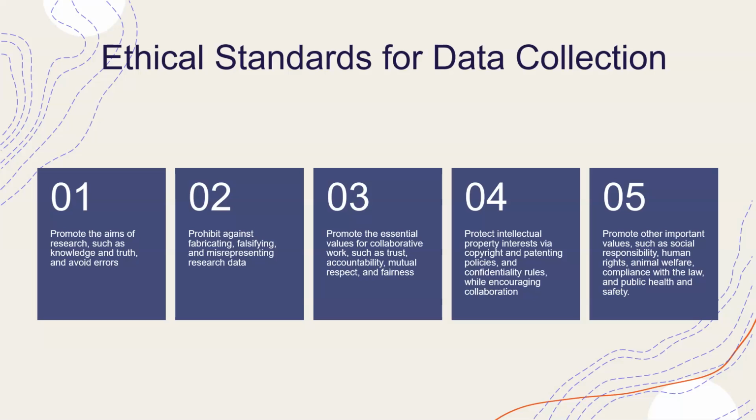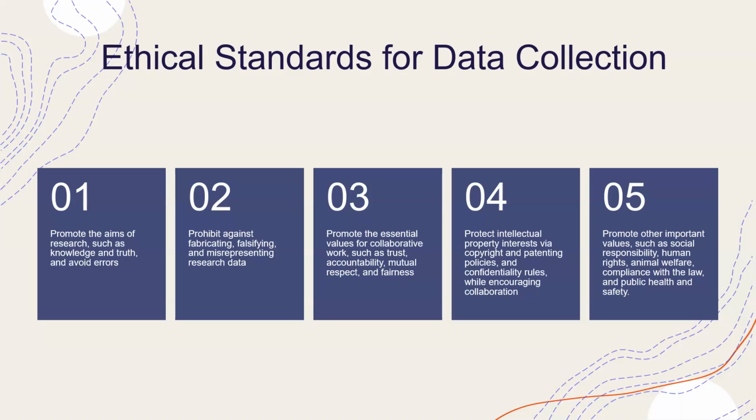Many ethical norms in research, such as guidelines for authorship, copyright and patenting policies, data sharing policies, and confidentiality rules in peer review, are designed to protect intellectual property interests while encouraging collaboration.